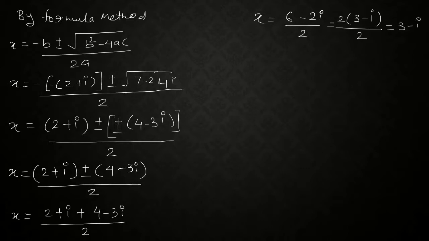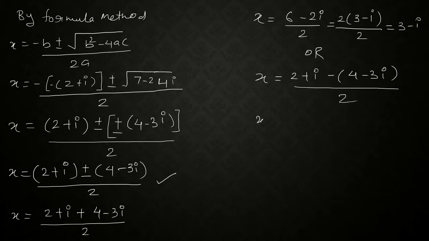Now similarly, from this step we continue for minus. So writing x is equal to 2 plus i minus, use bracket, 4 minus 3i, whole divided by 2. Opening the bracket, we get 2 plus i minus 4 plus 3i, whole divided by 2.